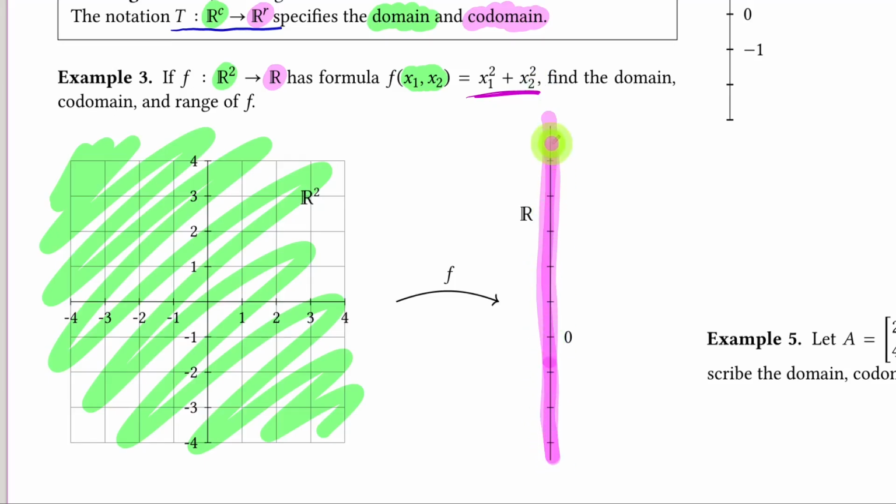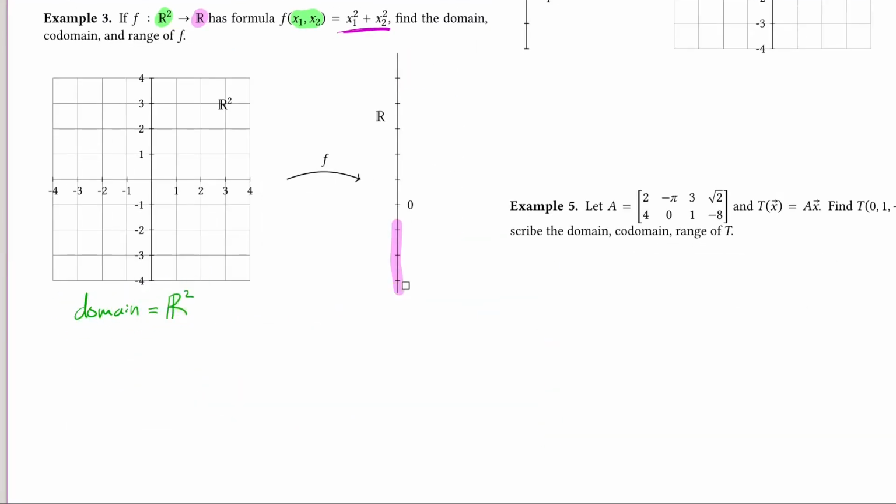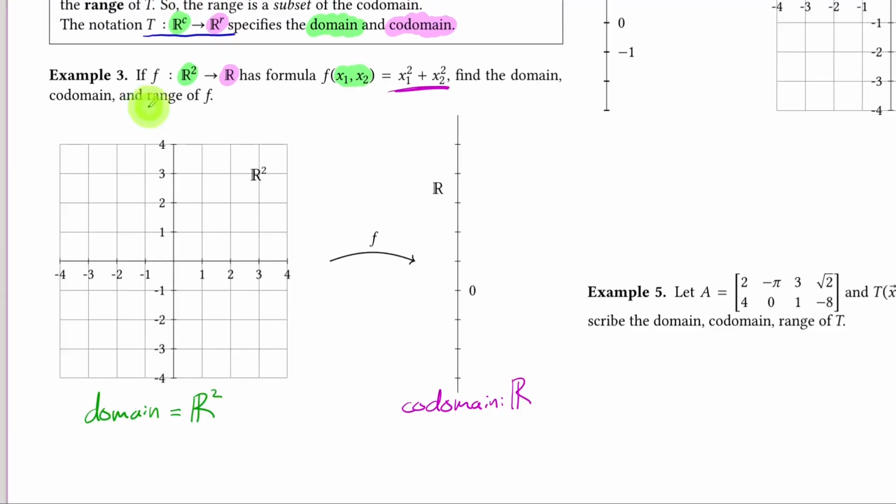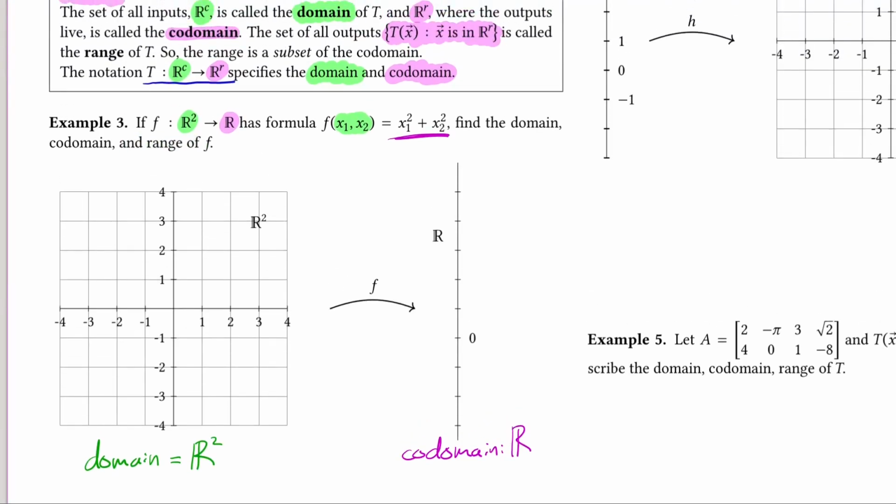So the codomain is all of R. Okay, what about the range? The range of f, according to this definition, is the set of things of the form f of x for some x in R^2.